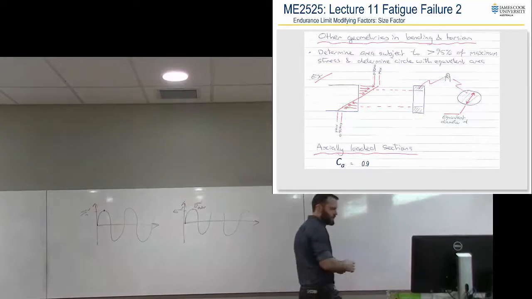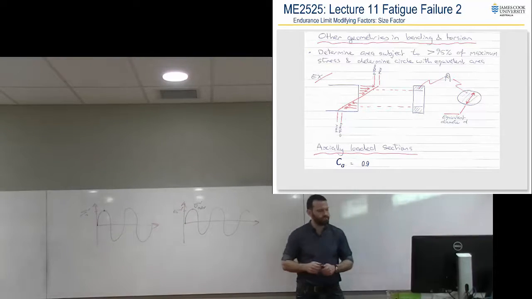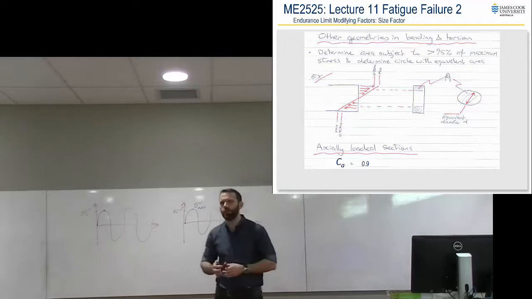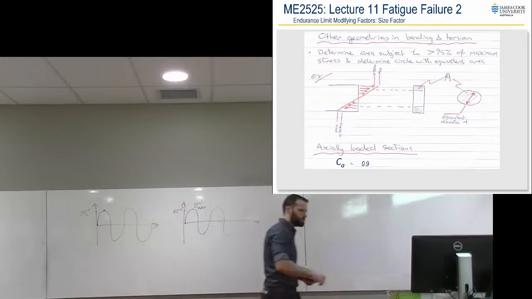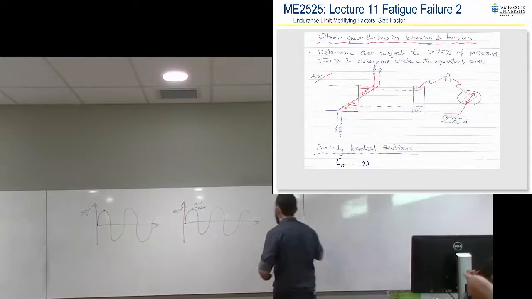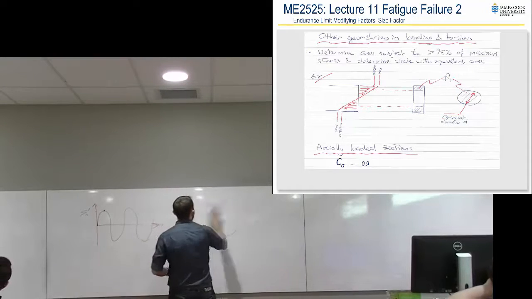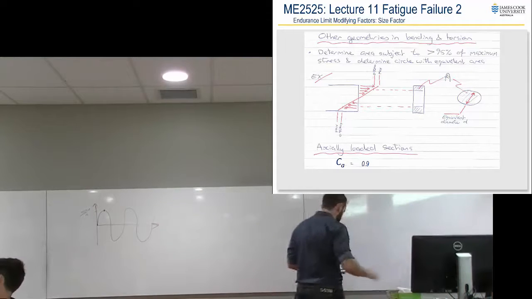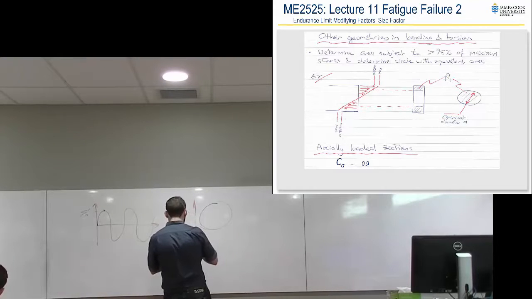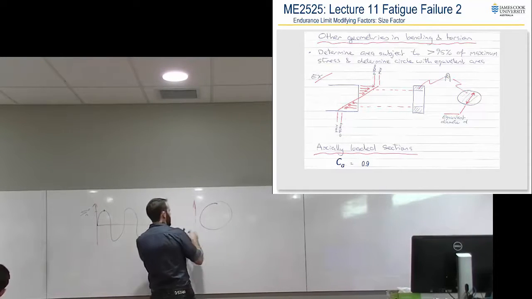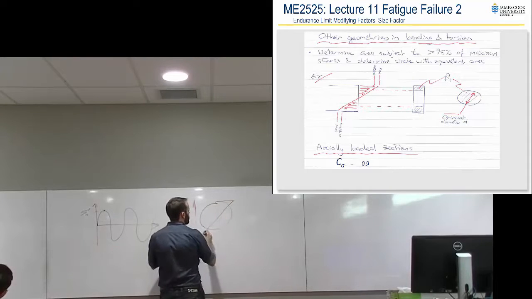Now, torsion is going to be very similar to bending and rotating bending. Remember that the rotating bending has that, what was to draw it? So if that's our circular cross-section, our bending looks like this, right?